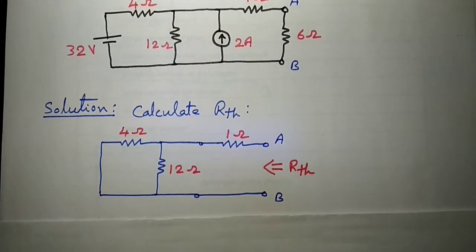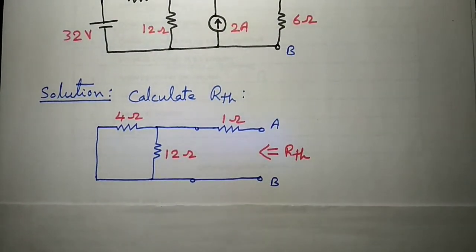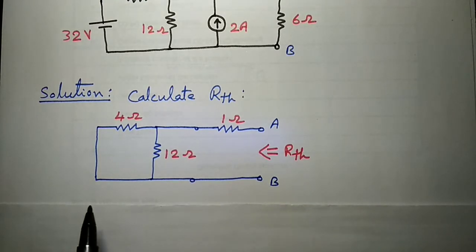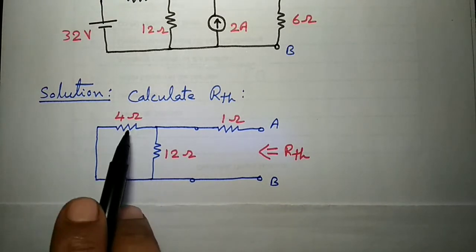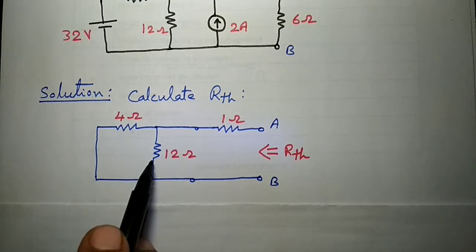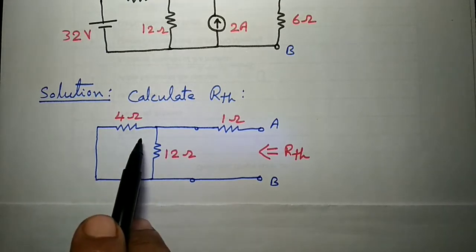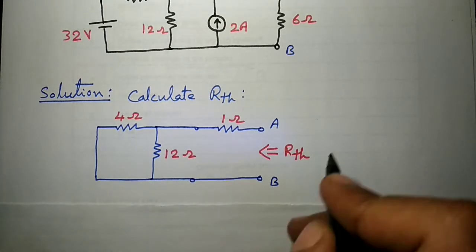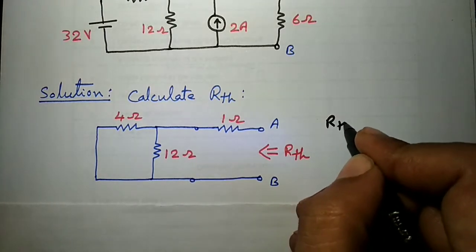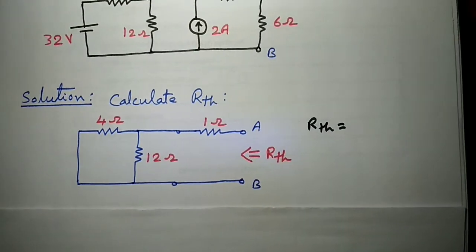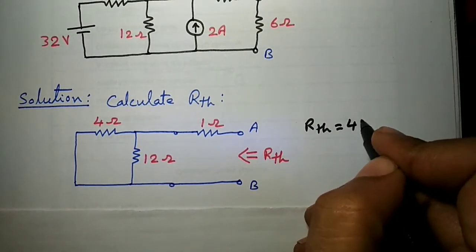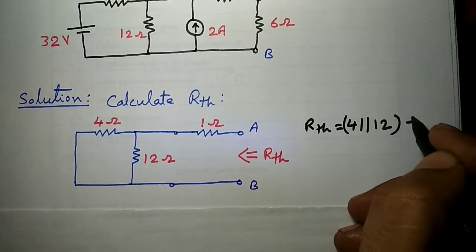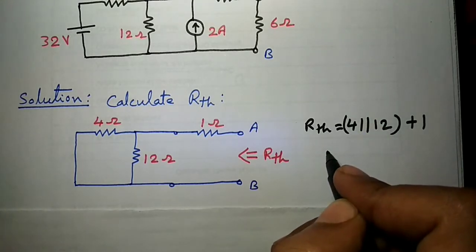Now we have to find the equivalent resistance across A and B. Here we can see that the 4 and 12 ohm resistances are connected in parallel, and with this combination 1 ohm resistance is in series. So the RTH will be equal to 4 in parallel with 12 plus 1 in series.